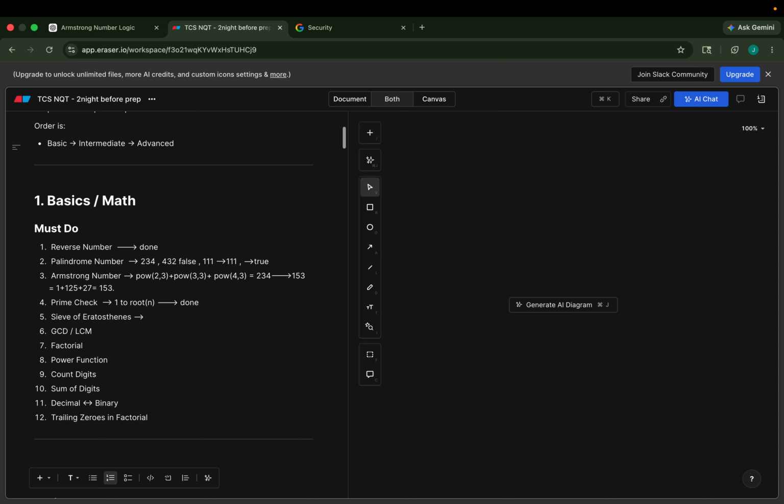Here we start from 2, but the thing is we'll use 2 loops.